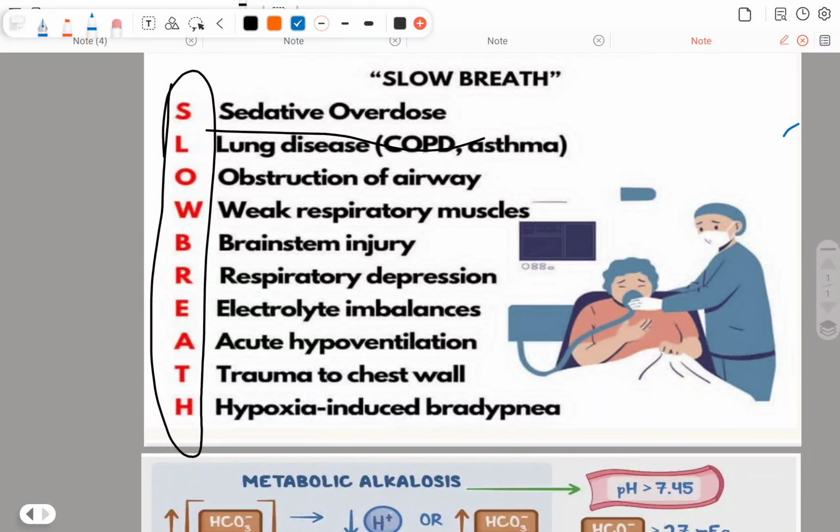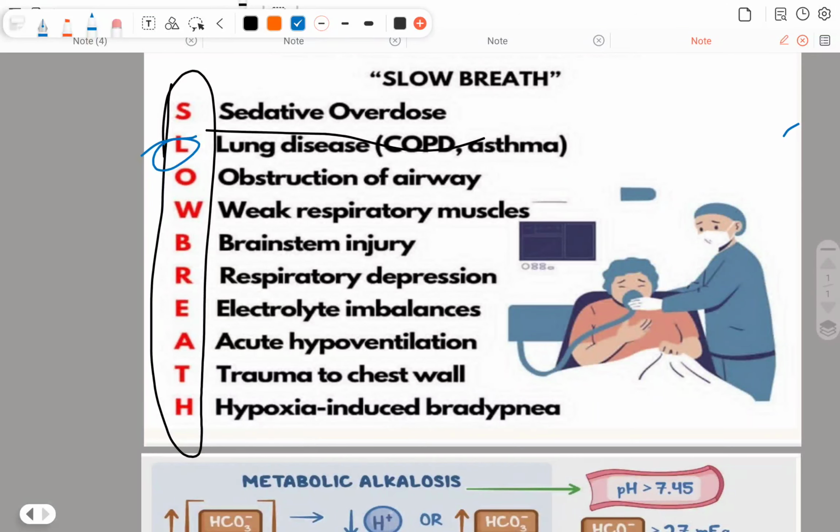The second one is L, lung disease. For example, COPD or asthma. COPD and asthma are the main causes of decreasing the normal function of the respiratory system. As a result, the amount of carbon dioxide will increase in our bloodstream. As a result, the hydrogen ions simultaneously will increase.